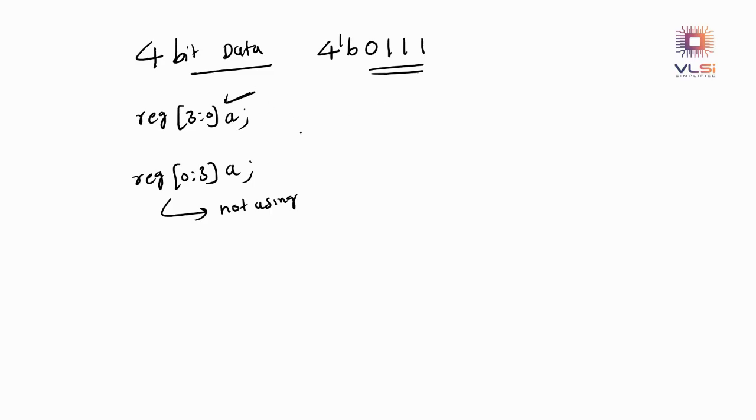So here a equal to 4'b0111. That means a will be 0 1 1 1, and the index values are 3 2 1 0.